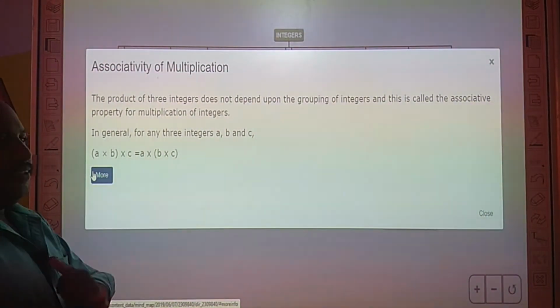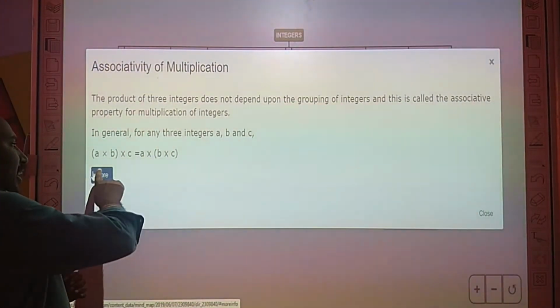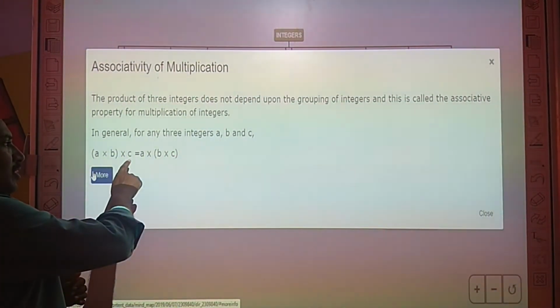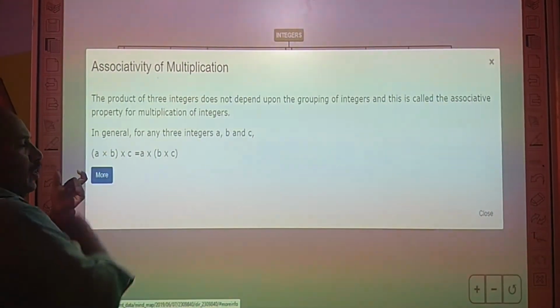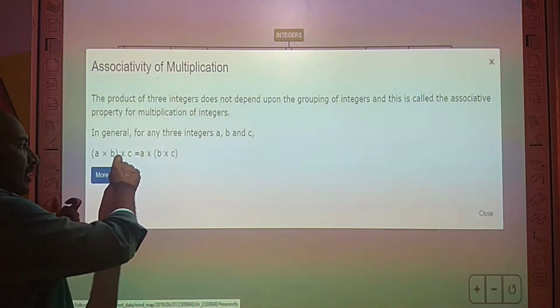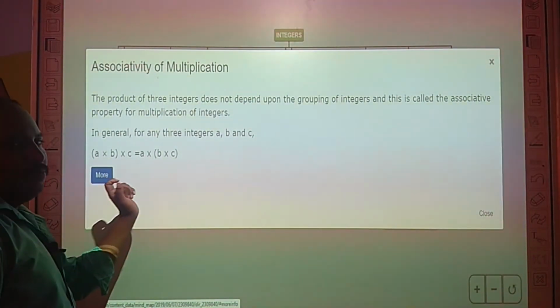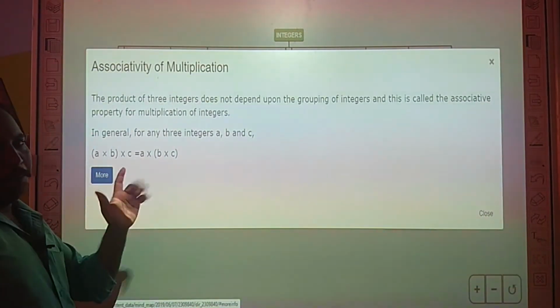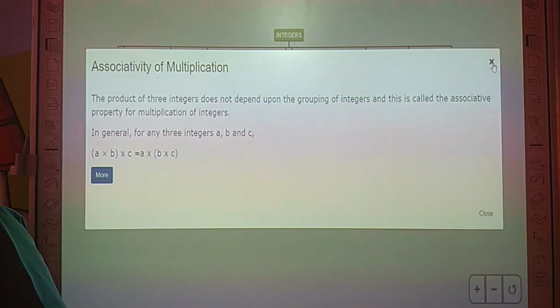In general, we take three integers a, b, c. The first term is a into b, the second term is c, so (a into b) into c is equal to a into (b into c). It is called the associative property.